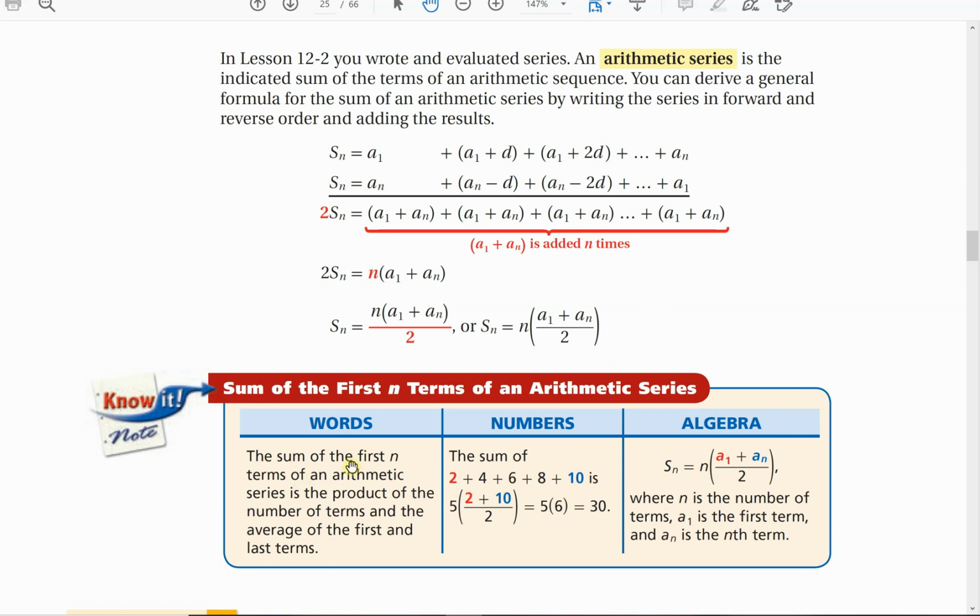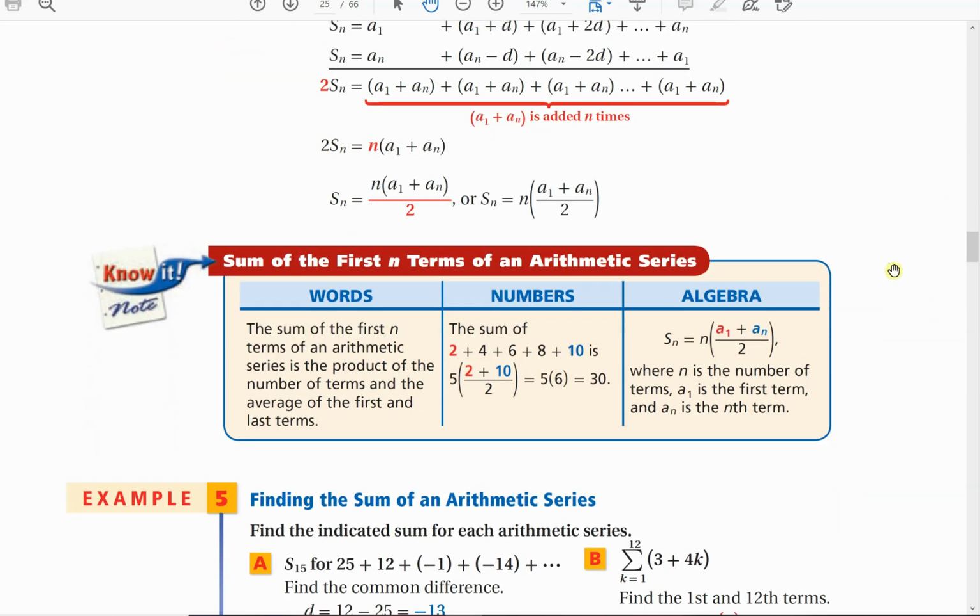So basically, the sum of the first n terms, however many there are, like we were working with a sub 10, so 10 terms. It's the product of the number of terms and the average of the first and the last term together. You don't have to worry about this math here, just worry about the end result. S sub n equals n times a1 plus an, divided by 2.